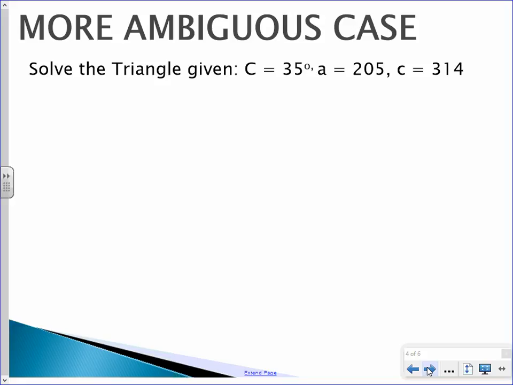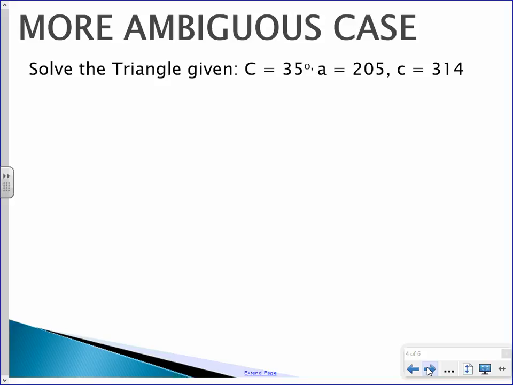How do we know that it's two solutions? Well, we know that it is the ambiguous case, and so we need to check for two solutions, but we do not know if there's two solutions until we check. And I'll show you what I mean by we will know.